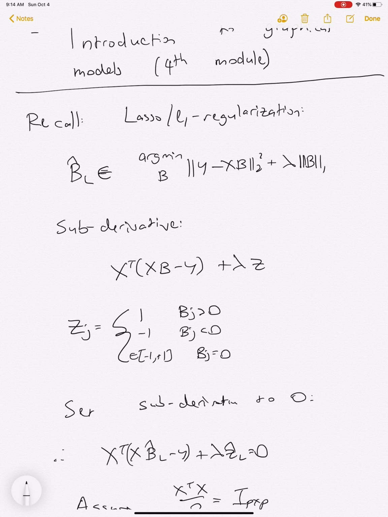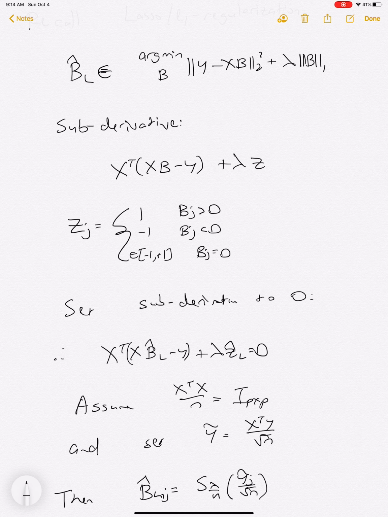But at the point 0, which is this point of non-differentiability, there are multiple subgradients, and any number between minus 1 and plus 1 is a subgradient. And so, like we set the derivative to 0, a condition to ensure that beta hat L is a minimizer is that the subderivative is set to 0.